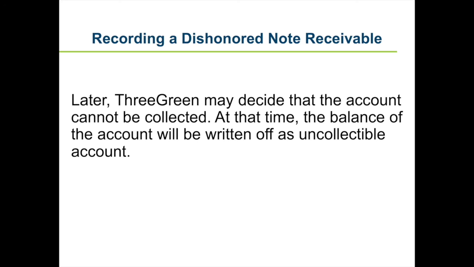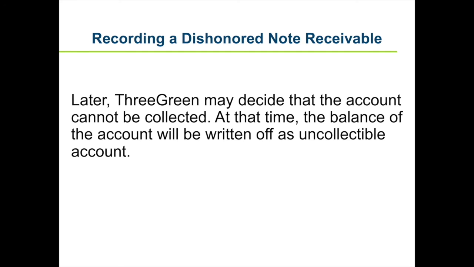So let's go back and review. In this chapter, we have some customers that haven't paid on time. They want to take out a small loan, which is called like a promissory note. And so therefore, you are switching their accounts receivable or what they owe into a note or like a small loan.